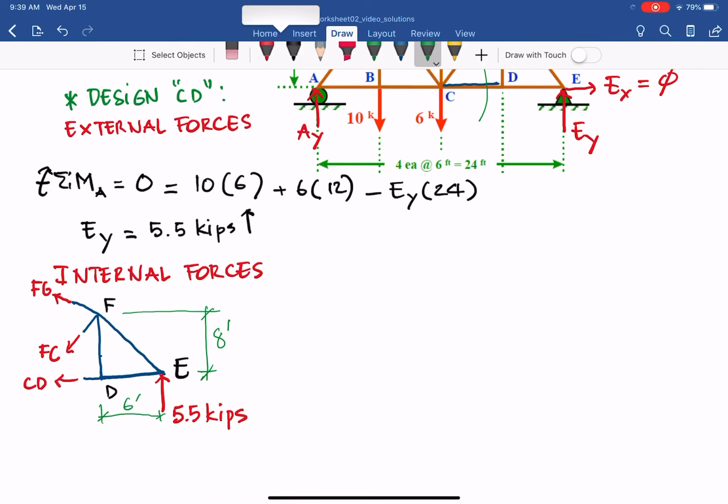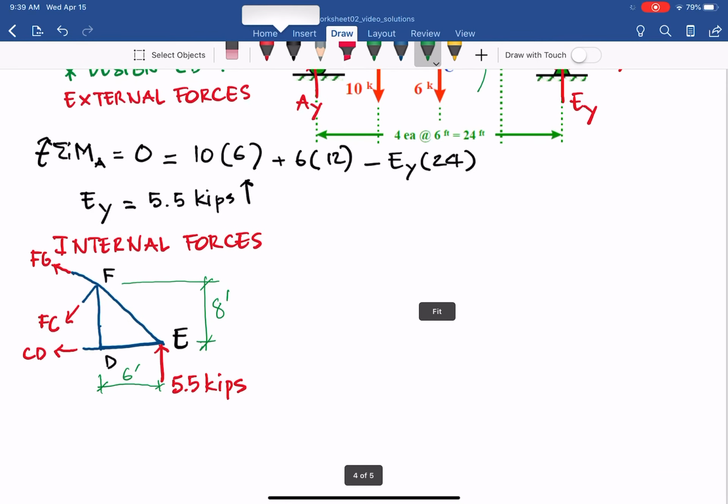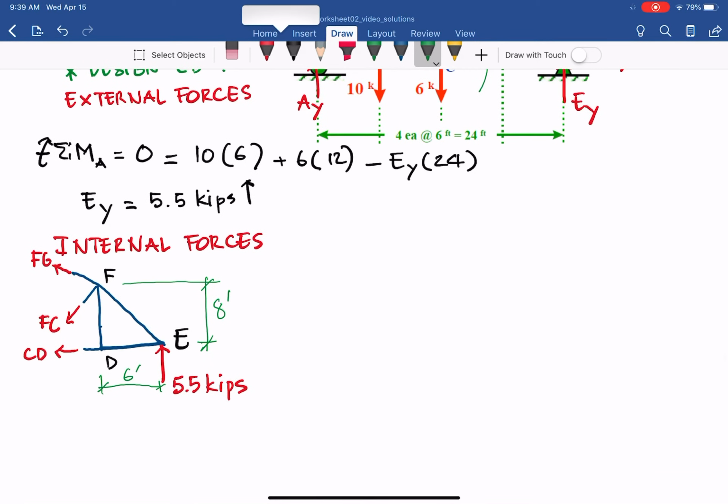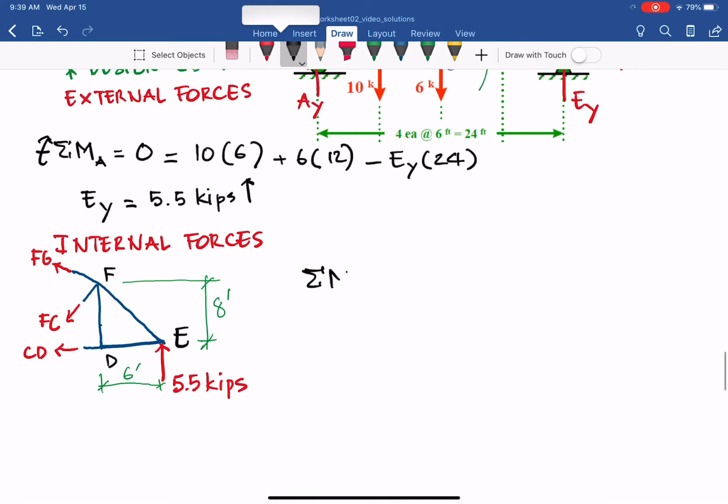To find CD, we don't need to find FG or FC, even though we can. Let's take moment about F to find CD, because FG and FC go through F. Assume clockwise positive.